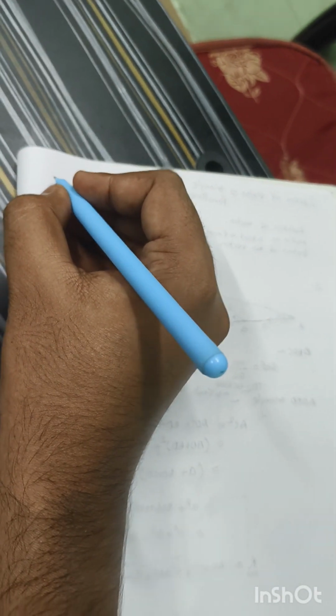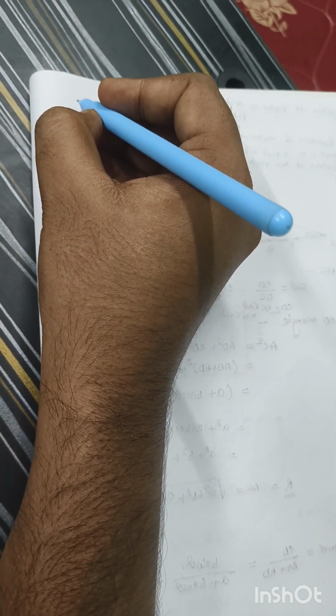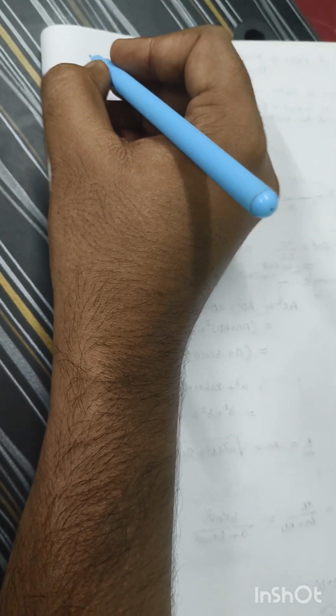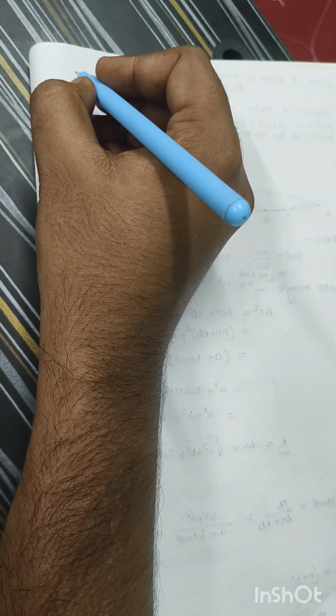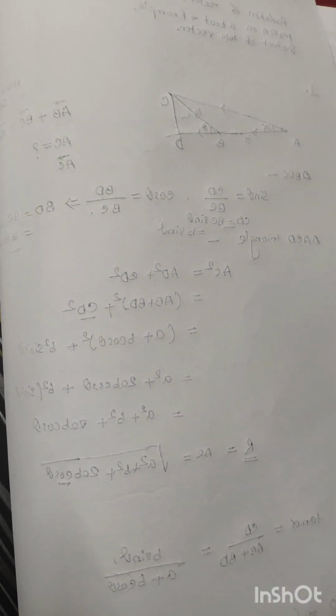Now next, we see the different products of vectors. There are two products, the dot product and the cross product. Dot product means scalar product, so the final value is a scalar, and for the cross product the final product we get is a vector.